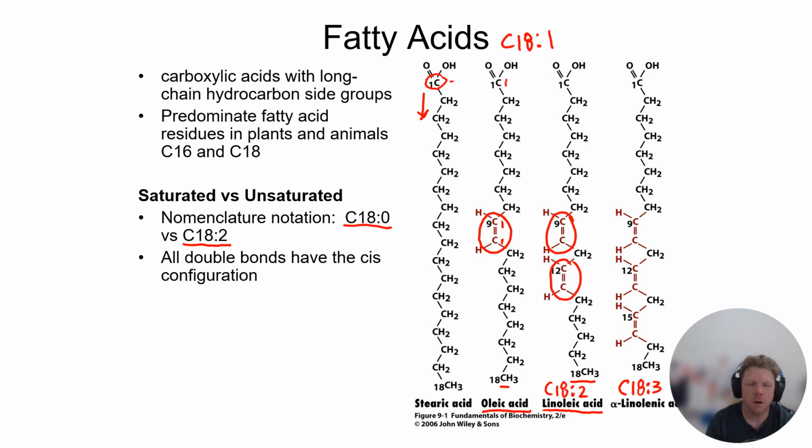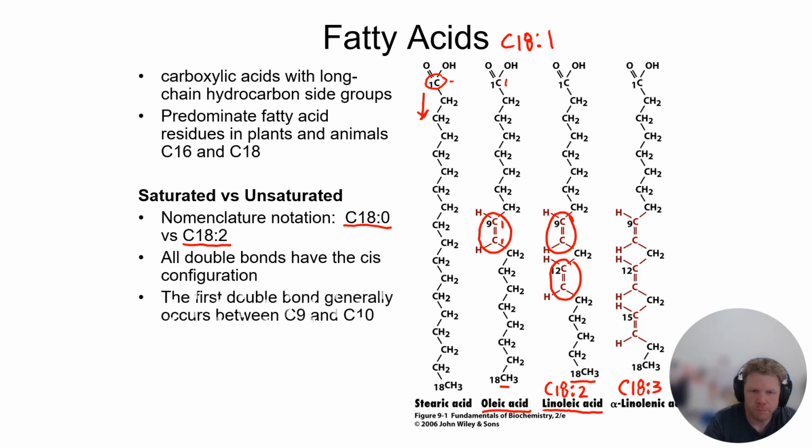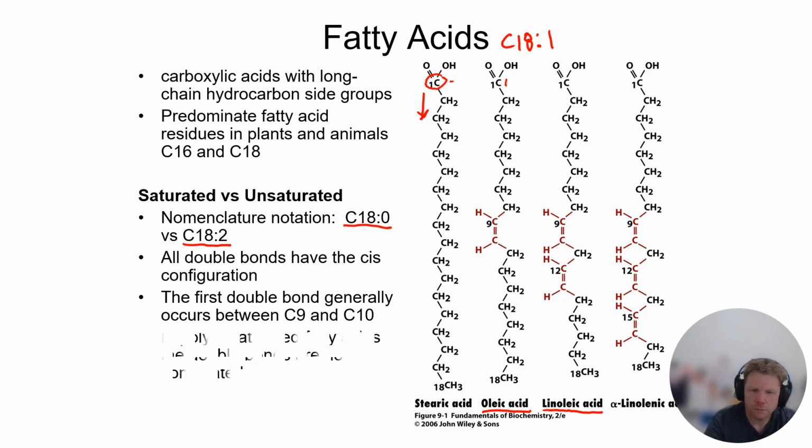Okay, so that's our primary notation for fatty acids. Now, all double bonds have the cis configuration. The first double bond generally occurs between carbons number 9 and 10. When we look at oleic, linoleic, and alpha-linolenic acid, we do see that trend once again.